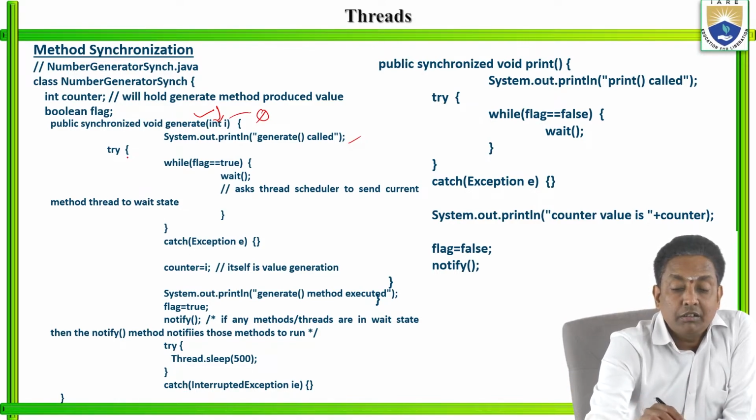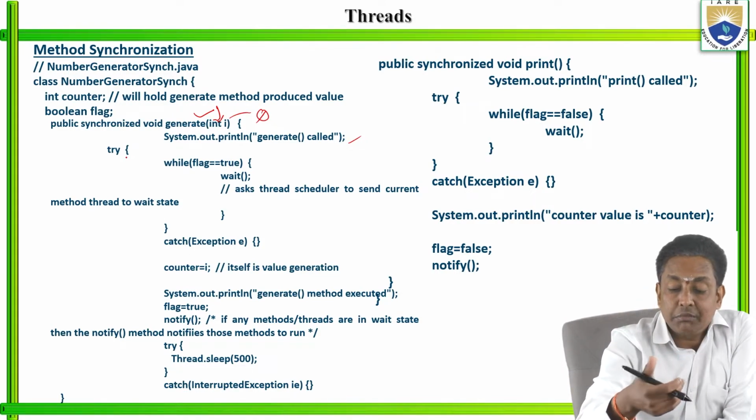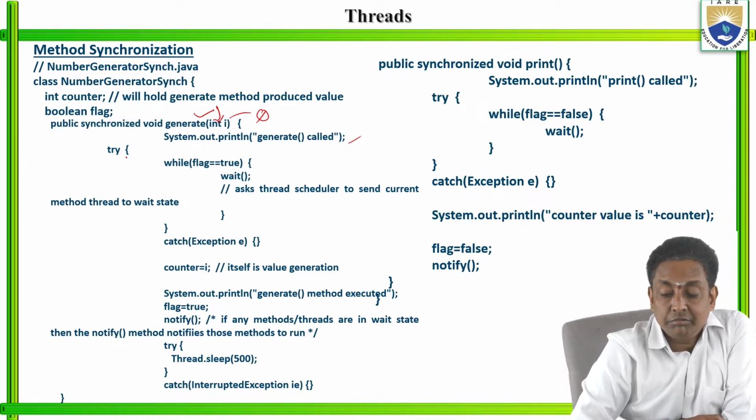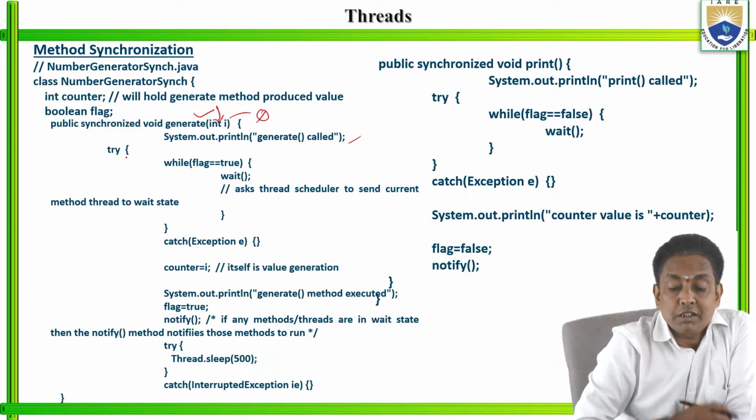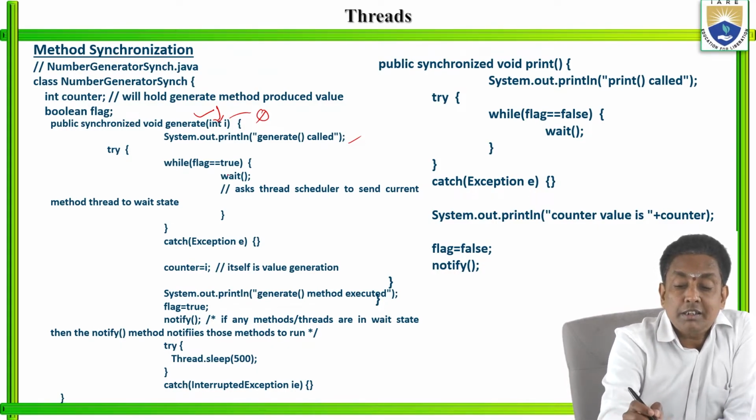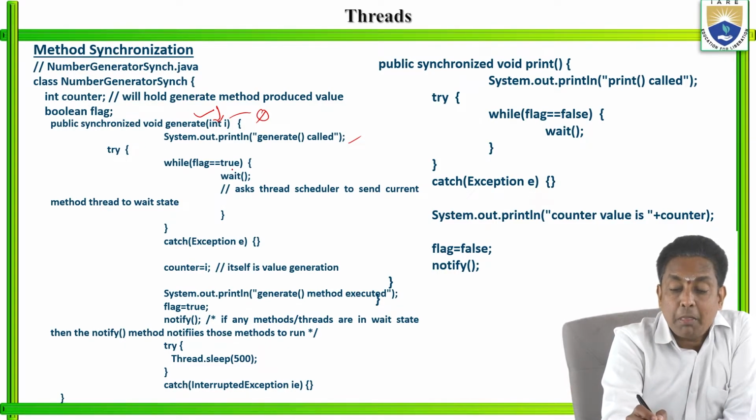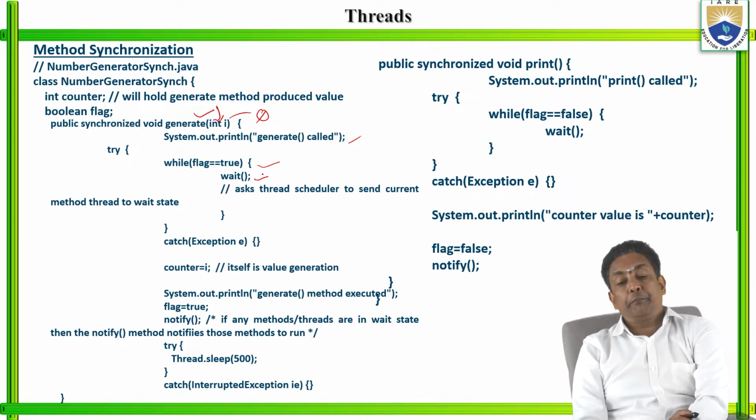Then a try block is written here, for some reason we don't want to discuss right now. Inside the try block, we are checking: while the flag value is true, as long as the flag value is true, we are calling wait. What does it mean?